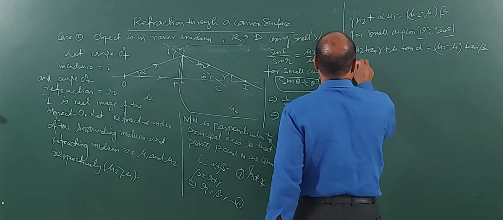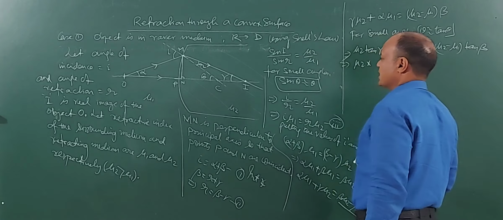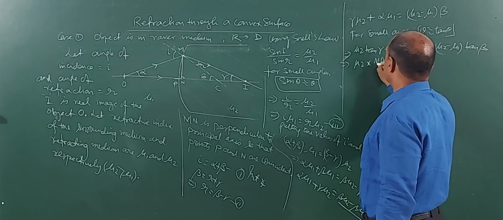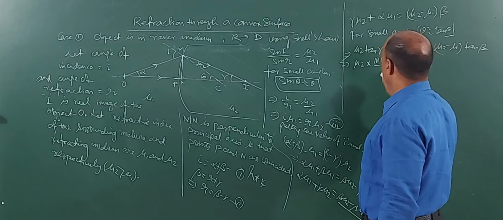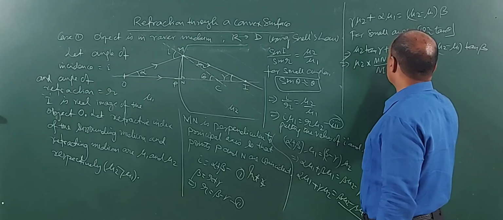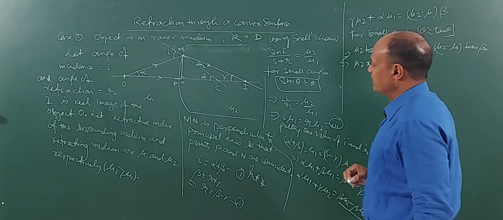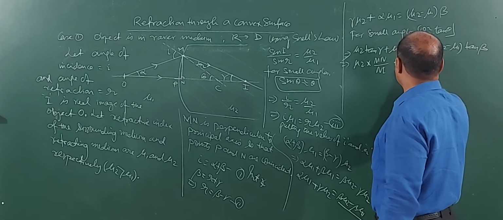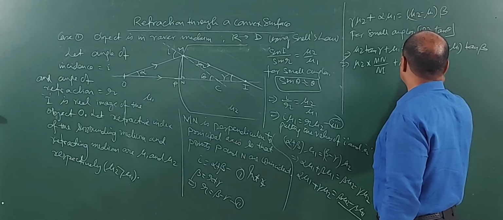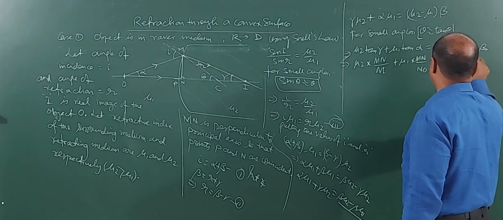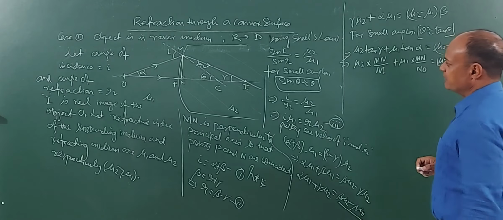Mu 2 into tan gamma will be equal to Mn divided by Ni, plus mu 1 into tan alpha. Tan alpha will be Mn divided by No. Mu 2 minus mu 1. How much will be tan beta, children? Tan beta will be Mn divided by Nc.